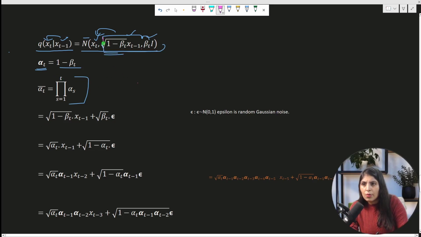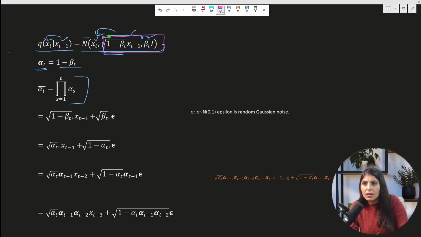So now we are understanding this part and we are rewriting it like this over here. This part we have discussed above, and this part also; this epsilon is a random noise, and we are getting it on the basis of mean value 0 and standard deviation 1. And now we are rewriting it. Alpha t is equal to 1 minus beta t.